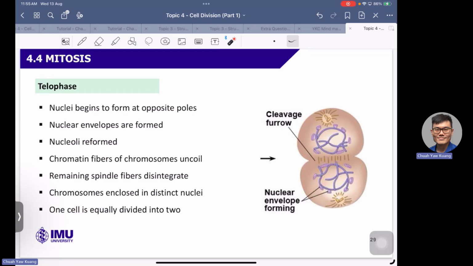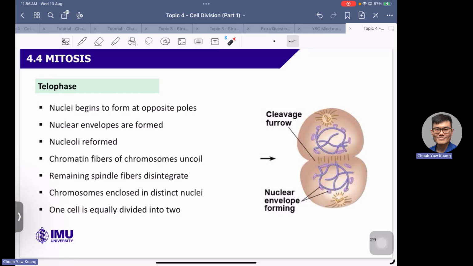They will start to uncoil back to chromatin. But during this time, we still call them sister chromatids. It's just that the sister chromatids start to uncoil.